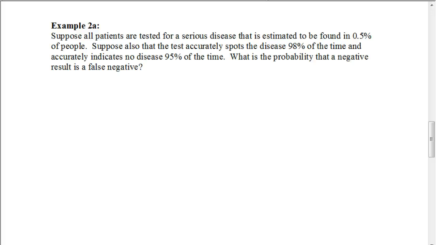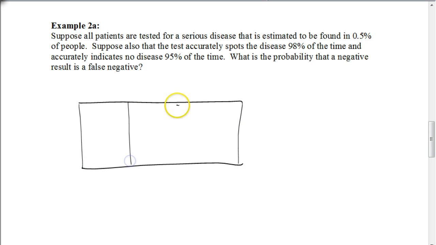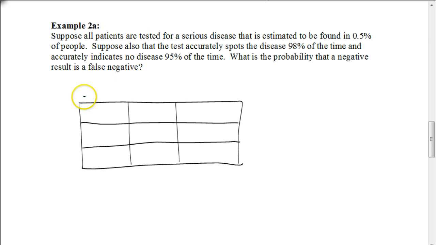Let's first create our table. Now this one again is going to have 3 rows and 3 columns. It's going to be similar to the very first example that we did, where you could have a situation where you have the disease, and we could also have a situation where we don't have the disease.